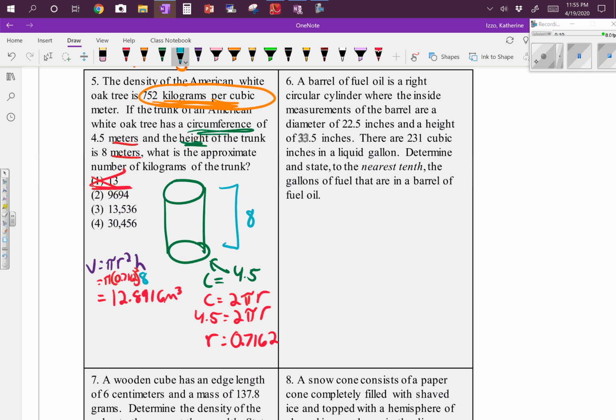So we need to take this 12.8916 and multiply it by, this is meters cubed, 1 meter cubed, 752 kilograms. And we want to figure out approximately the number of kilograms. Now, they could ask us to then convert it to pounds, that's a possibility too.